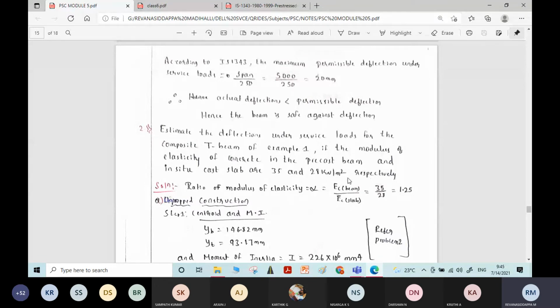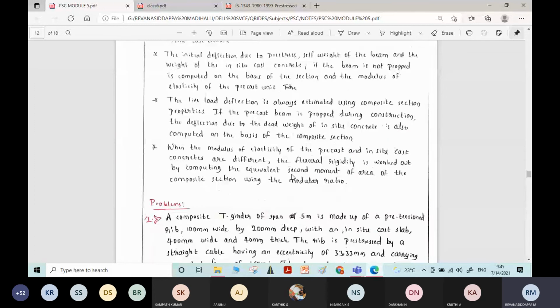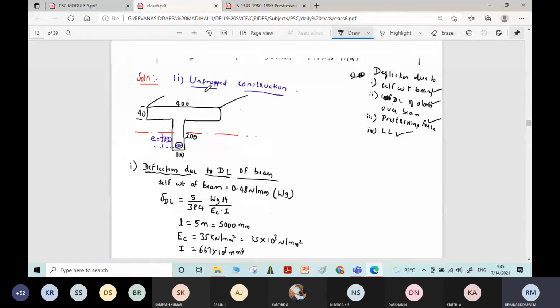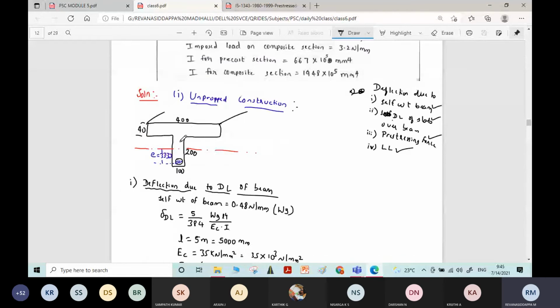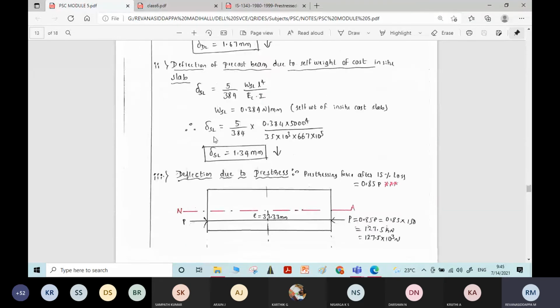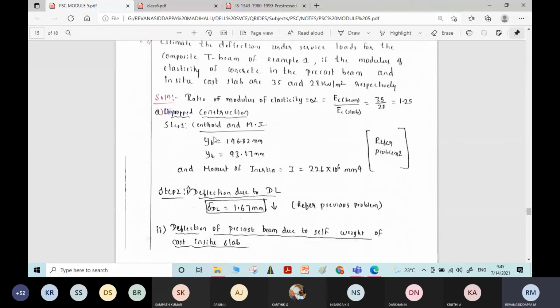In the problem, instead of giving the same modulus of elasticity for the beam and the slab, he has given different values separately, 35 and 28. In that case, I'll just explain the procedure. You go through it once again. Further, if you get any doubts, you can contact me.